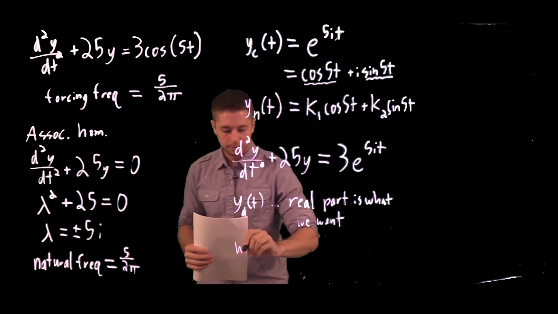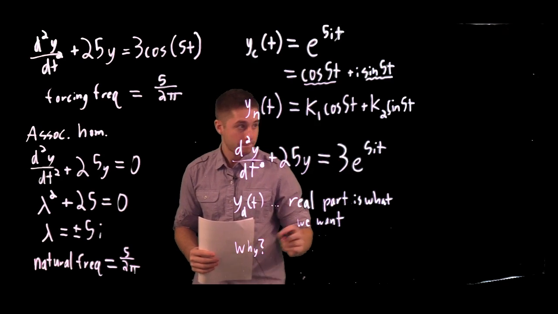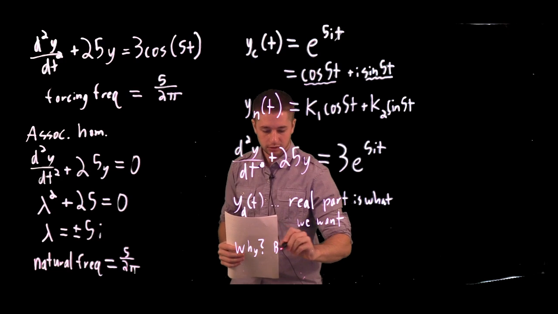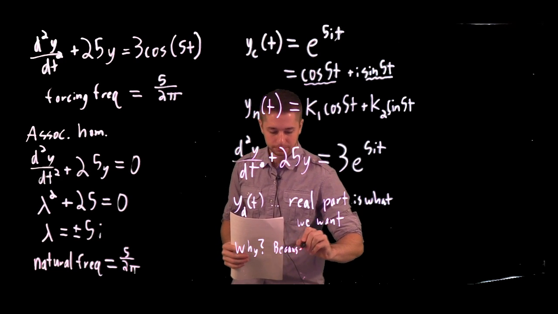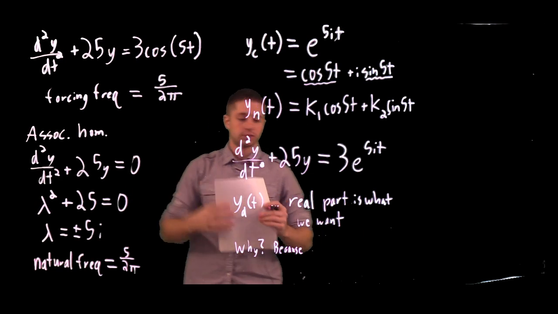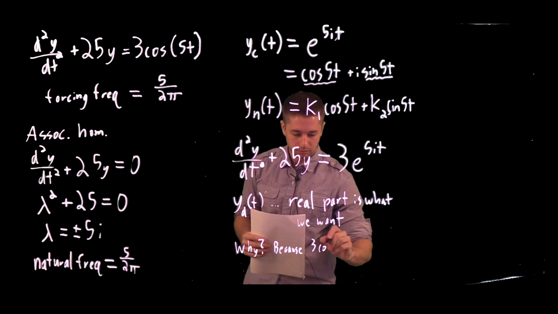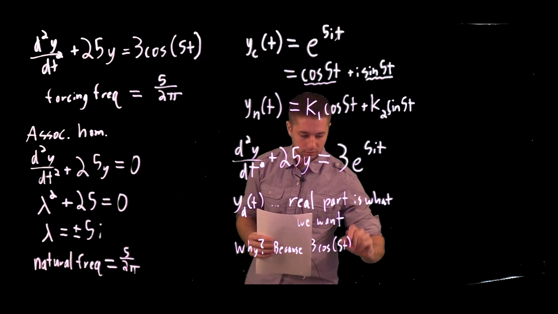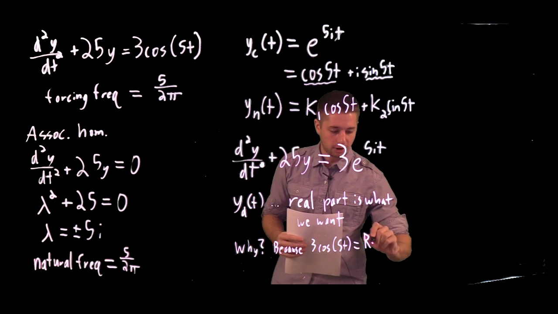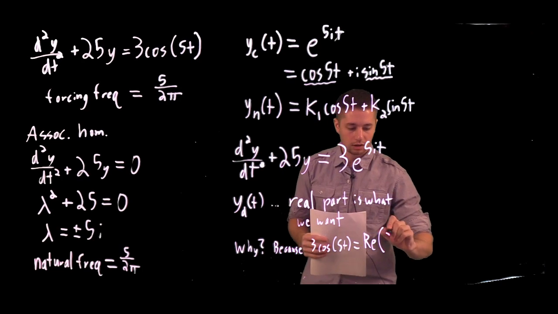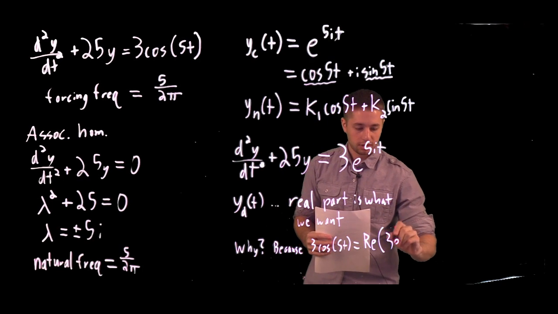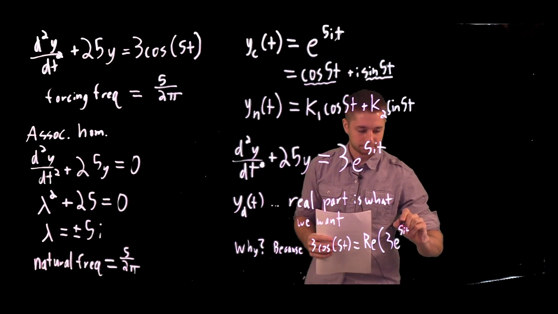So why is that? Because our forcing, 3 cos 5t, is the real part of this forcing, 3e to the 5it.